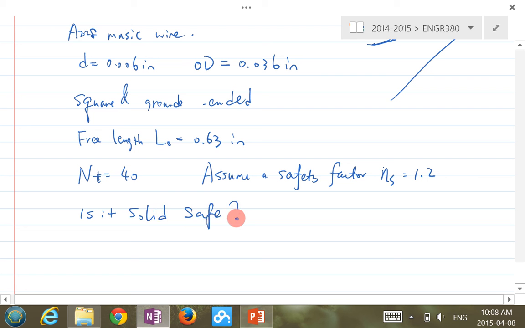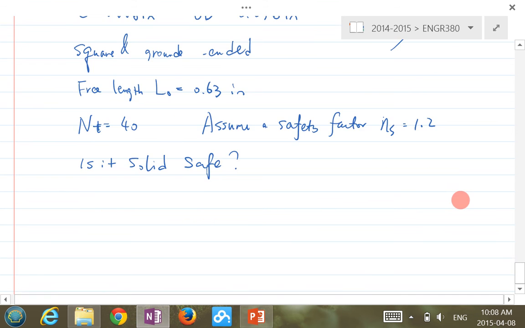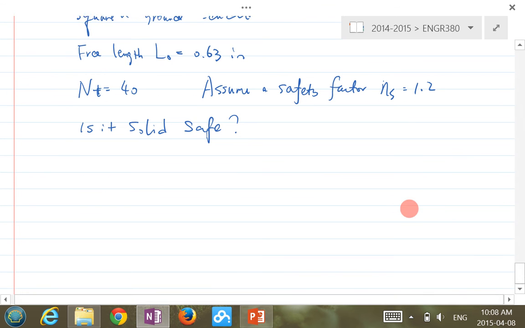Solid safe basically means, if you completely close it, is it safe? Because that's where you have the maximum deflection, and that's going to be the maximum force, and then maximum loading, maximum shear stress. So here's how you can solve it.